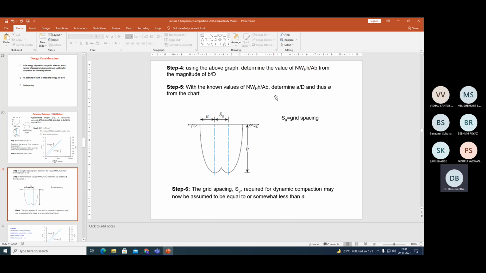So from the A by D, I know the D, I want to calculate the A value. So here A is nothing but approximately half the spacing required. A is equal to half the spacing required, so A is equal to SG, that is grid spacing. The grid spacing SG required for dynamic compaction may now be assumed to be equal to or somewhat less than this. So this simple method has been recommended.